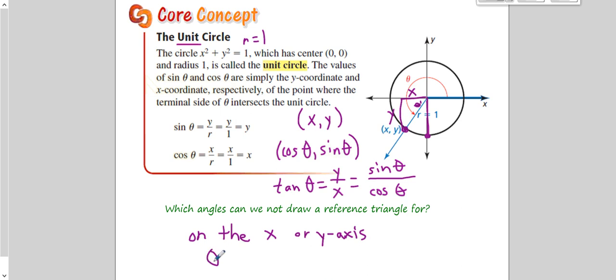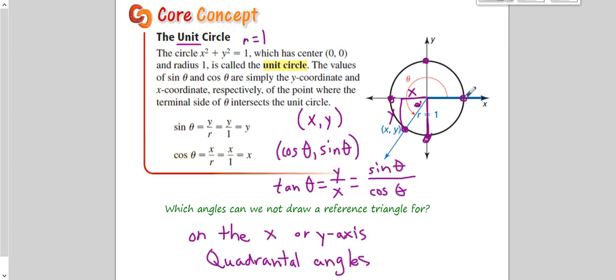And those are called quadrantal angles, because their terminal side is at the border of some of the quadrants. Quadrantal angles. So if we're ever here, here, here, and here, one of those 4 points, those are quadrantal angles.